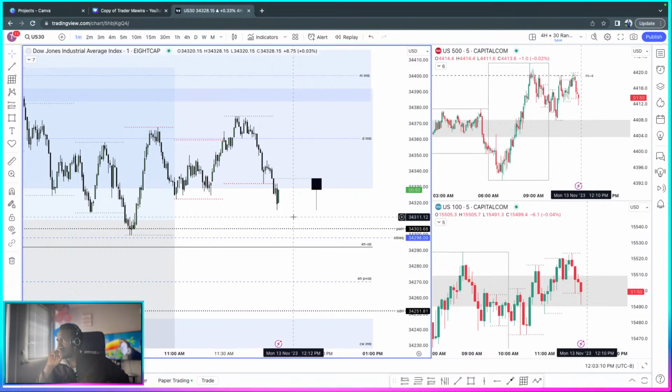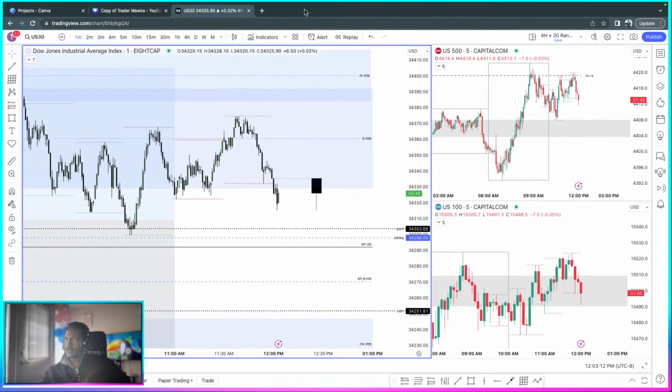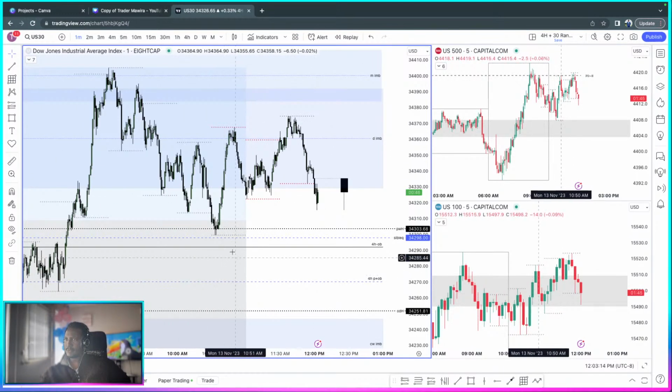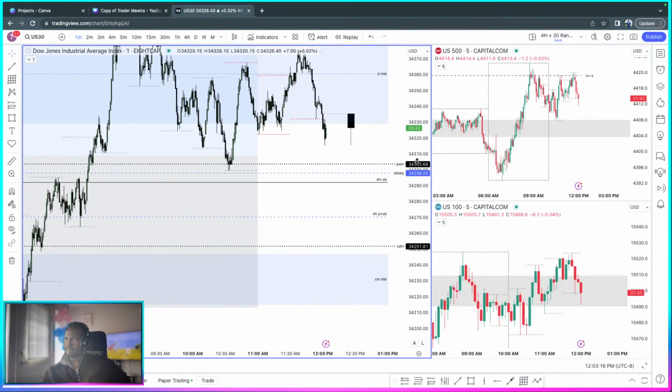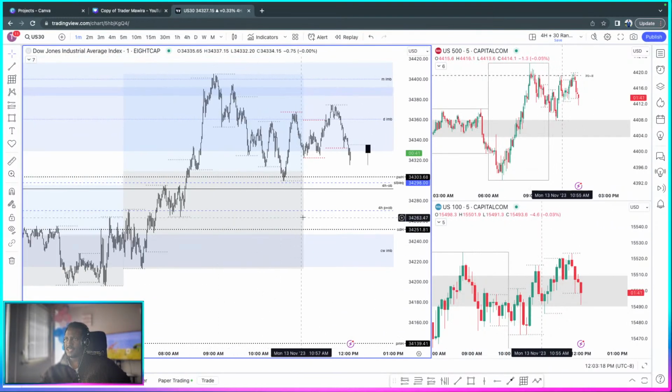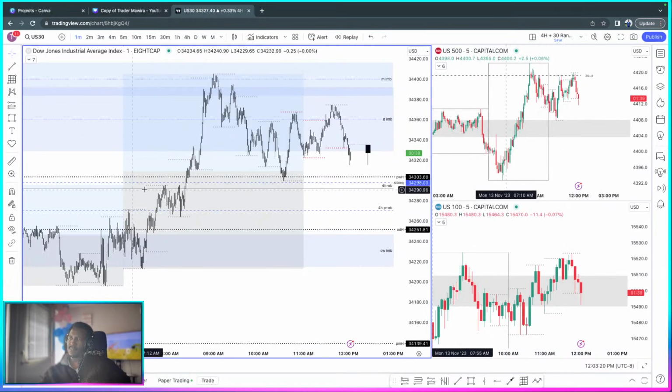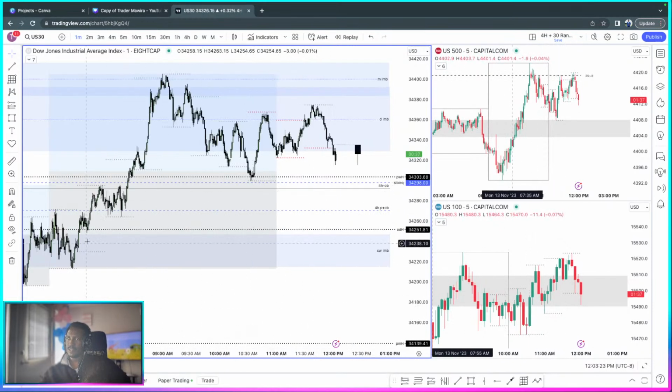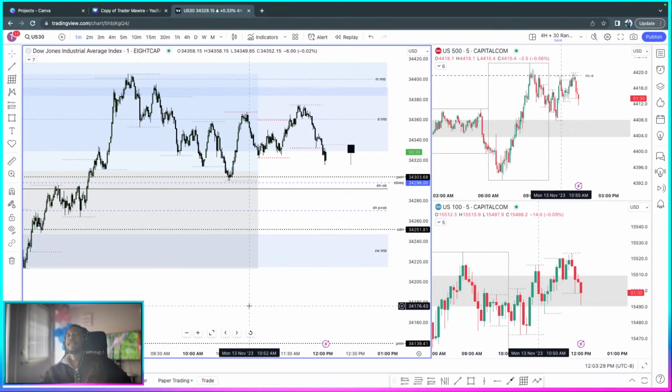Now, am I comfortable taking this long if we do go up? No, unless they come to this gray area over here, because this is the last 4-hour session, right? These 1-minute candles printed in the 4 hours, so these 1-minute candles make up a 4-hour.